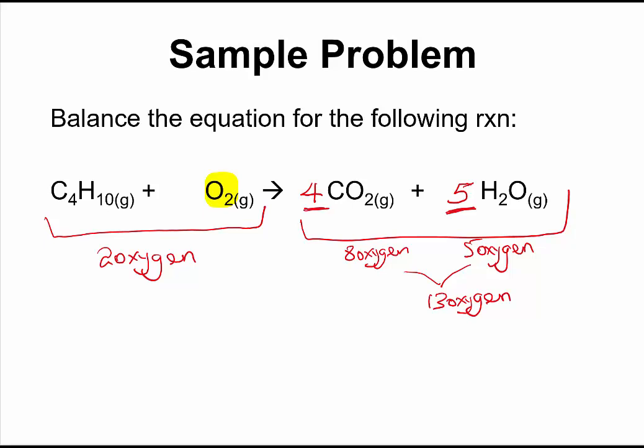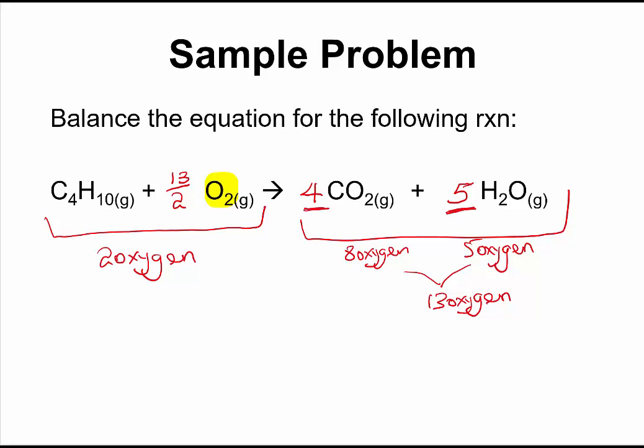How can we reconcile 2 oxygen on the reactant and 13 oxygen on the product side? The trick is to make use of a very simple fraction. If we place 13 over 2, a fraction right here, or think of it as 6.5, because 13 divided by 2 is 6.5.